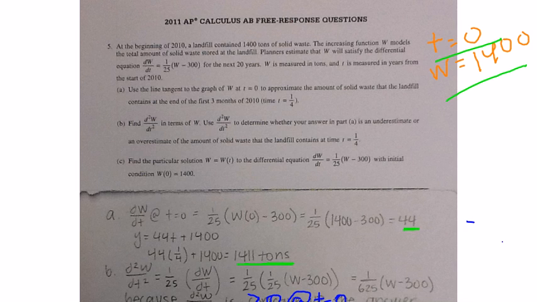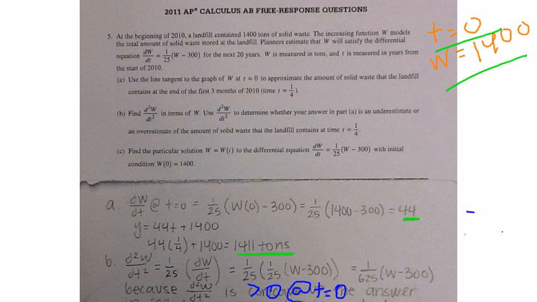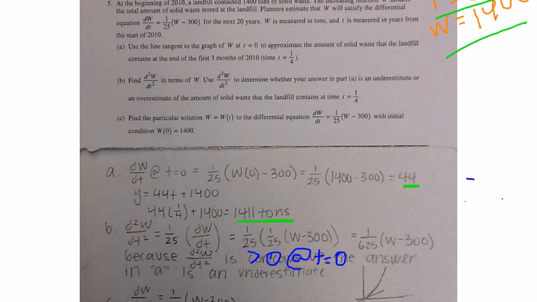So clearly finding the second derivative has something to do with the underestimate or overestimate. And so what does the second derivative show? It shows concavity. I messed up a little here, sorry, because the second derivative is positive at t equals 0, the answer in A is an underestimate.